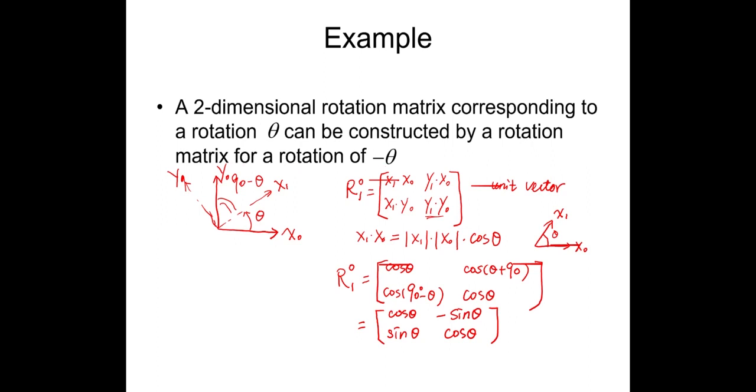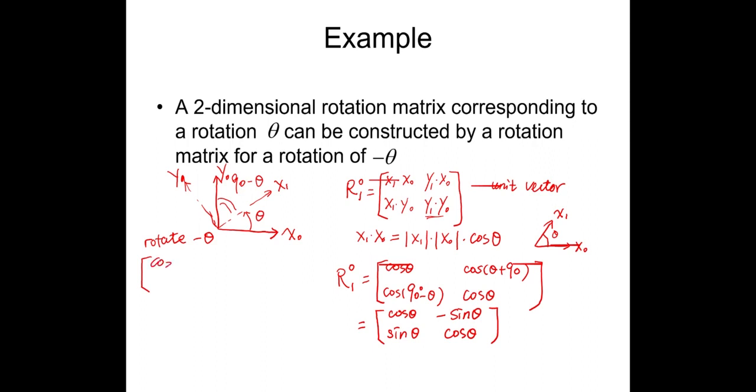Then the question is asking, can it be constructed by a rotation matrix for a rotation of negative theta? Negative theta means now instead of theta, I rotate negative theta. So I can quickly write down this thing: I just replace theta with negative theta.